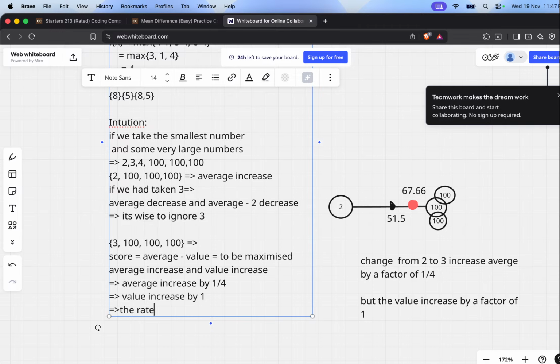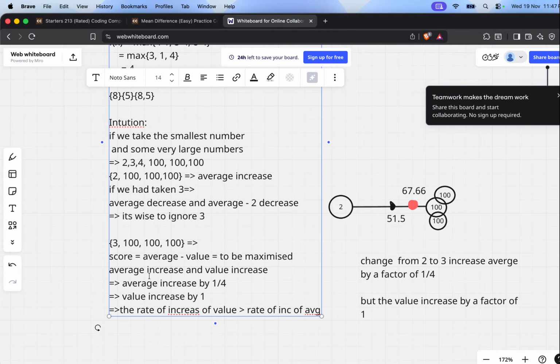The rate of increase of value is greater than the rate of increase of average. All right. So the score decreases with a choice of 3 instead of 2. Our score decreases.